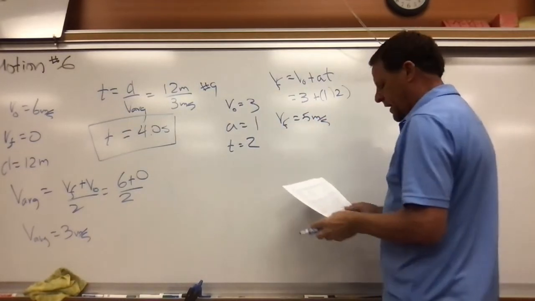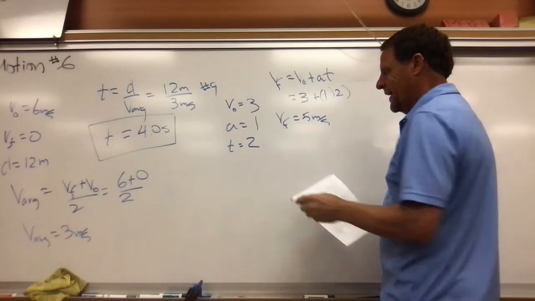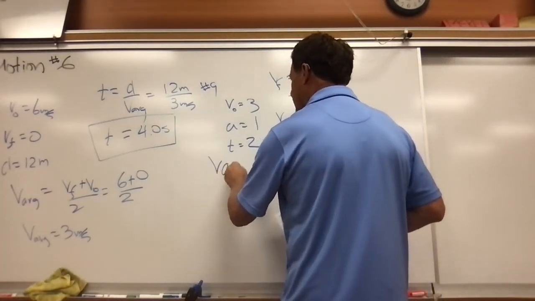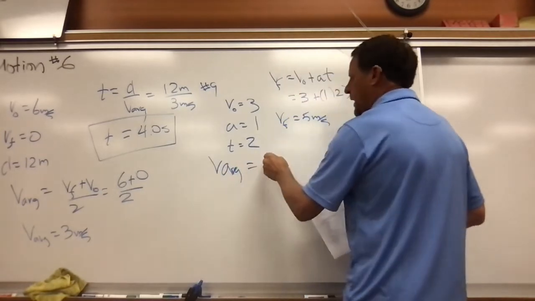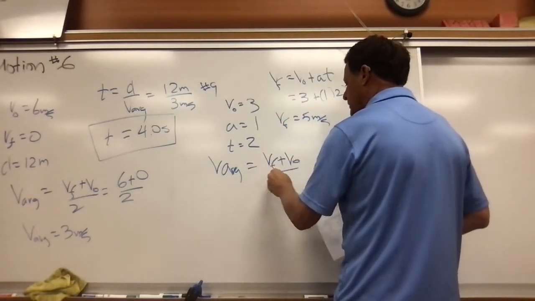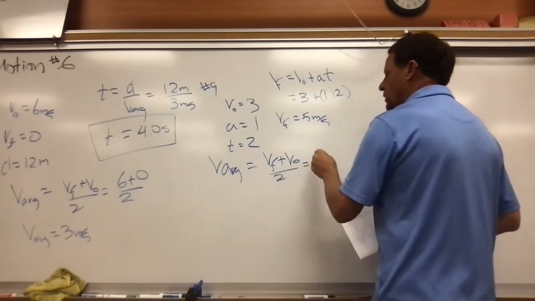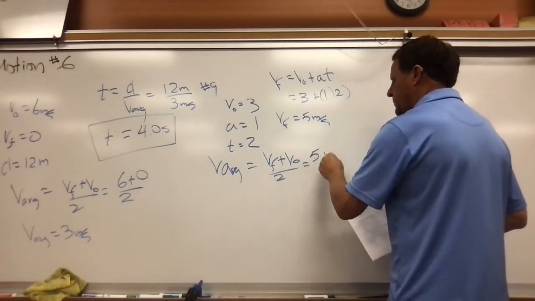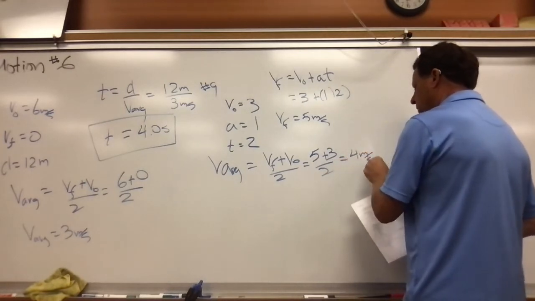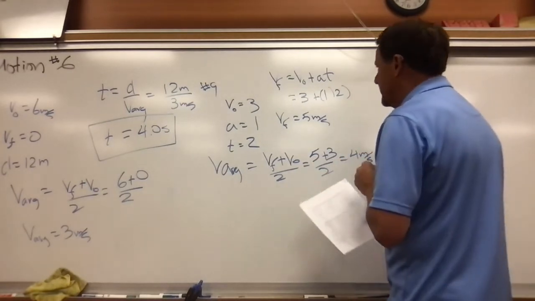All right, so now we want to calculate the average velocity, okay? And we can go v final plus v original divided by 2, which is going to be 5 plus 3 divided by 2. That's equal to 4 meters per second.